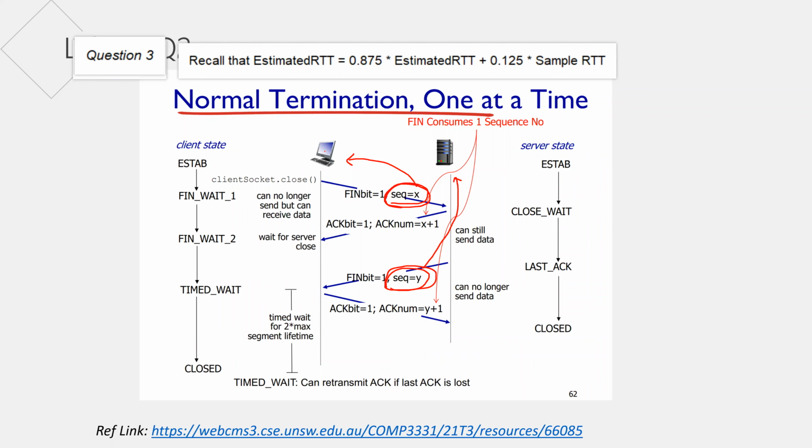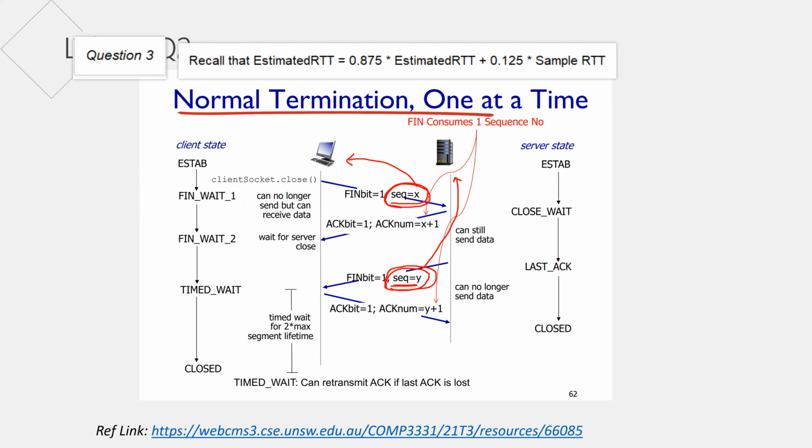If I want to send something to the server, then we will use the sequence number based on X, right? We will do some calculation on the X according to the data size and the packet amount. But if the server wants to send me something, it will use its own sequence number. So we are not sharing the same sequence number here. We both have a sequence number for each side.